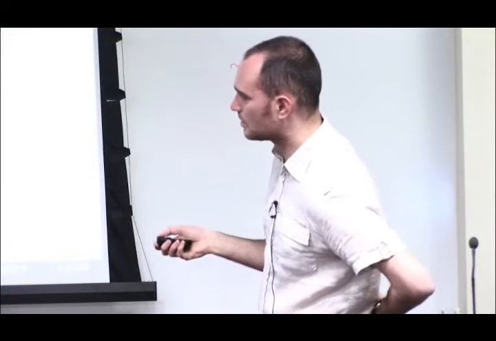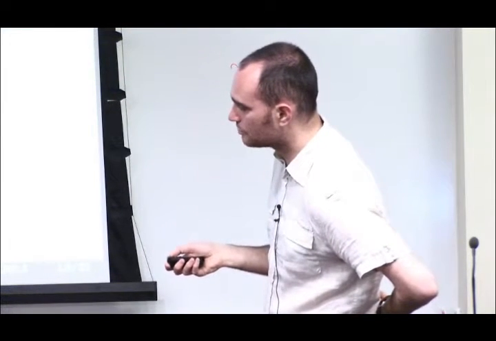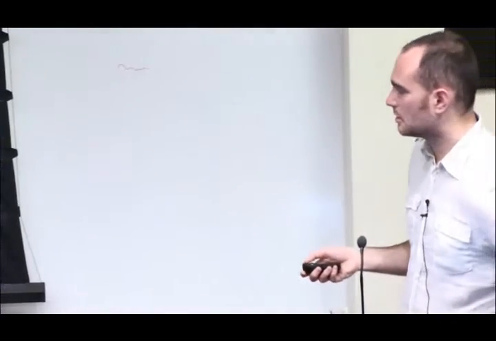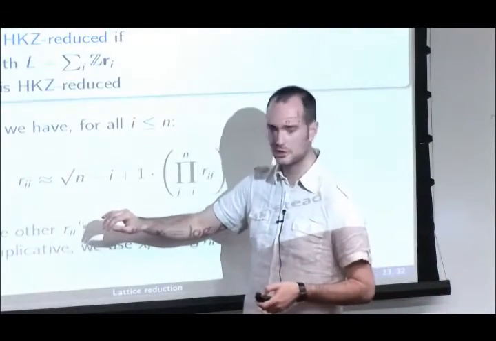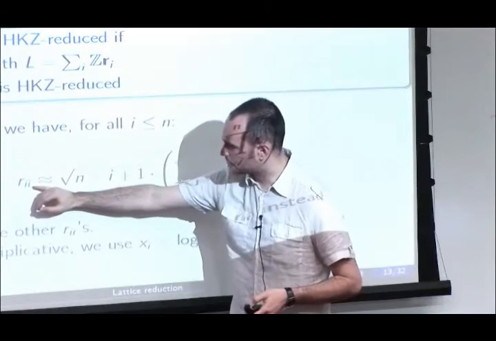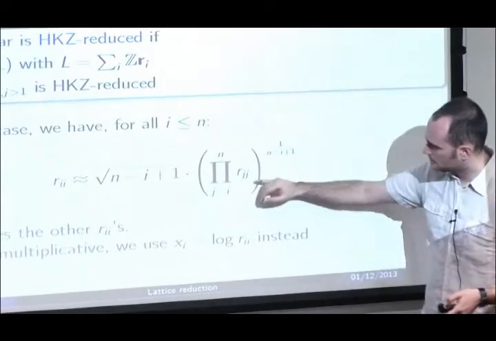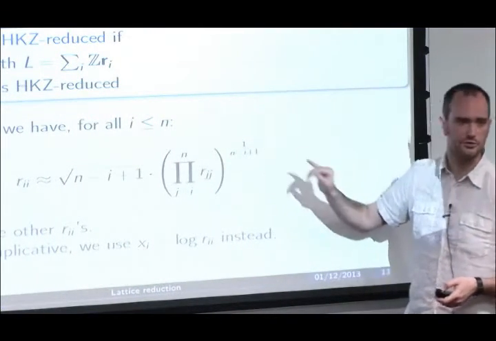And if you have these equations, so there are n of these, fixing the last diagonal coefficient of R fixes the other Ris. Why? So let's see. Rnn is fixed, and now let's look at Rn minus 1, n minus 1. You have Rn minus 1, n minus 1 equal to square root of 2 times Rn minus 1, n minus 1 Rnn to the 1 over 2.